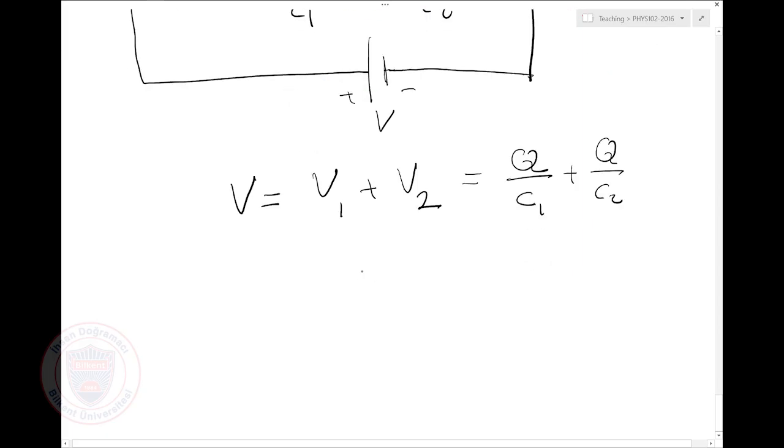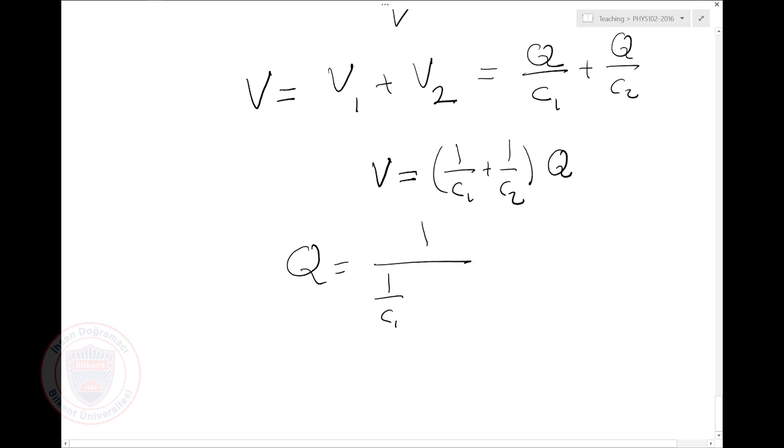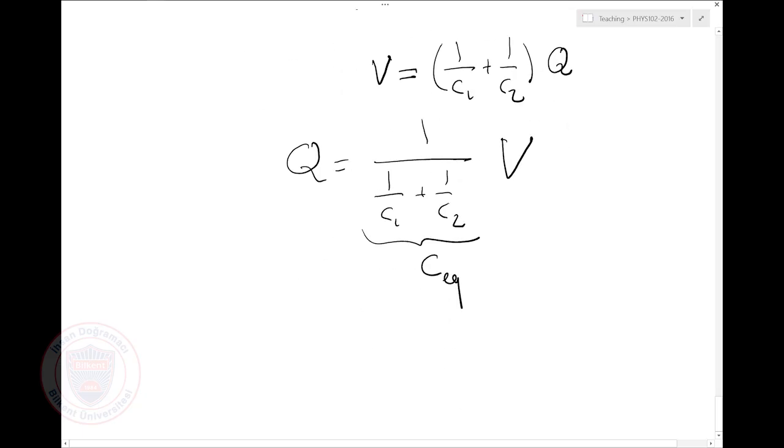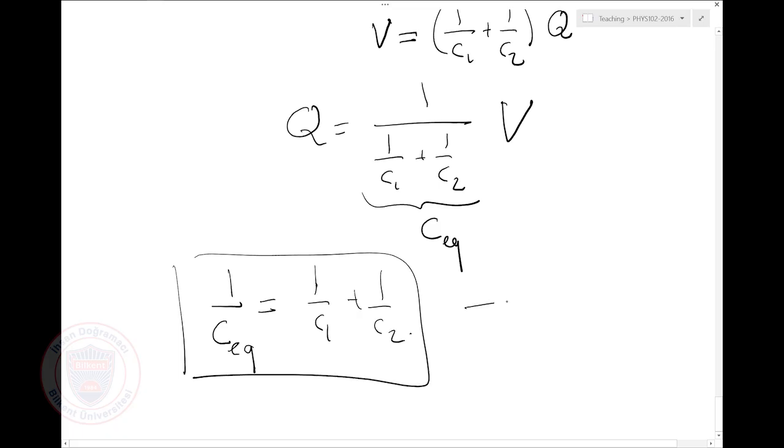Or I can write this as follows: V equals Q times 1 over C1 plus 1 over C2, or Q is 1 over C1 plus 1 over C2 times V, which is my equivalent capacitance. So I'll write this in a slightly easier form. 1 over C equivalent is 1 over C1 plus 1 over C2 when I have capacitors in series.